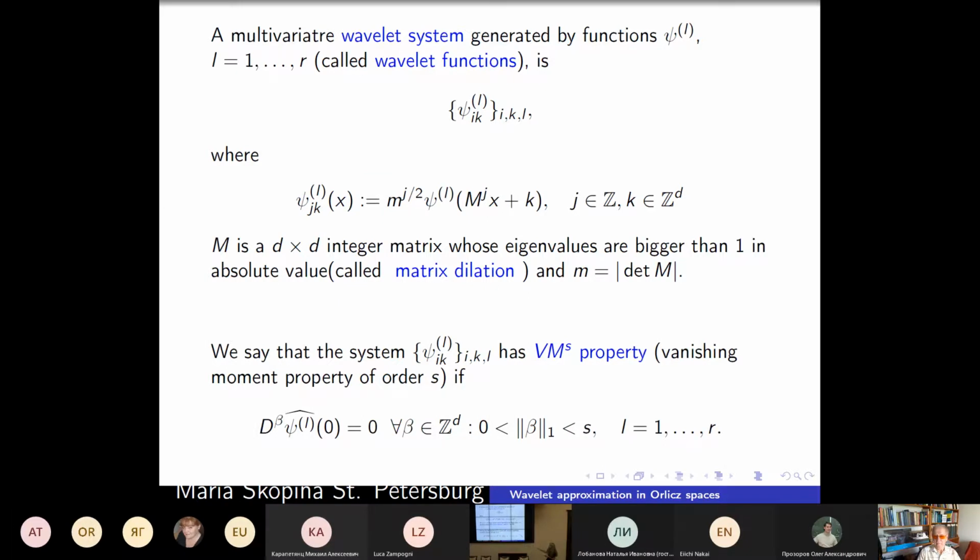An important property of a wavelet system is the vanishing moment property. Vanishing moments of order S means that the moments of the wavelet functions vanish. In terms of the Fourier transform, it looks like this.